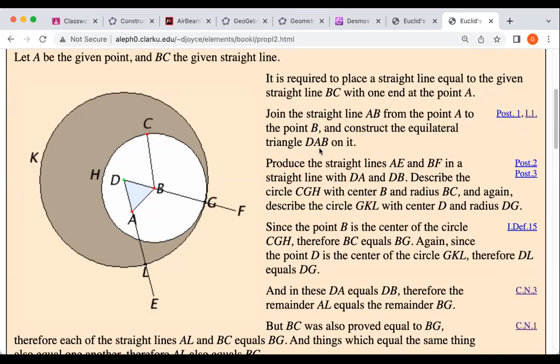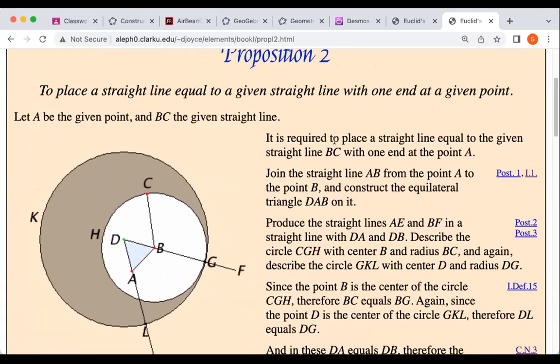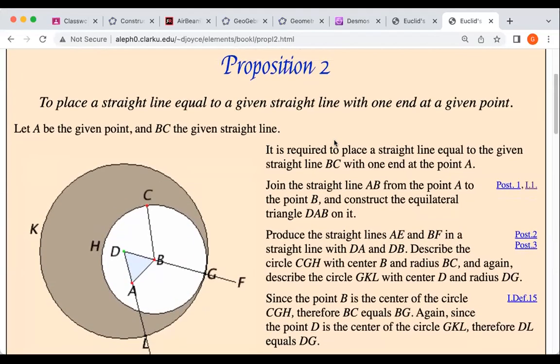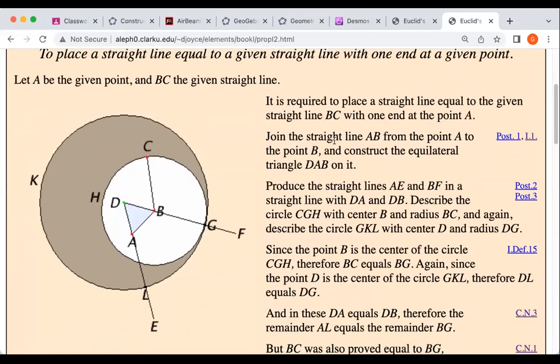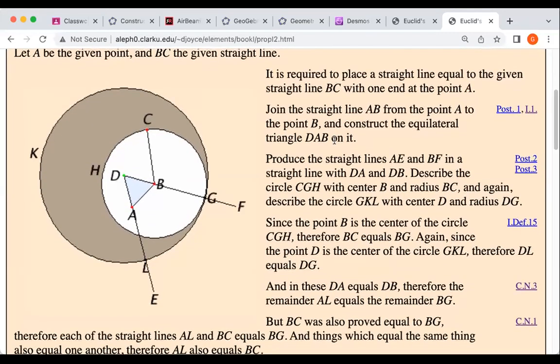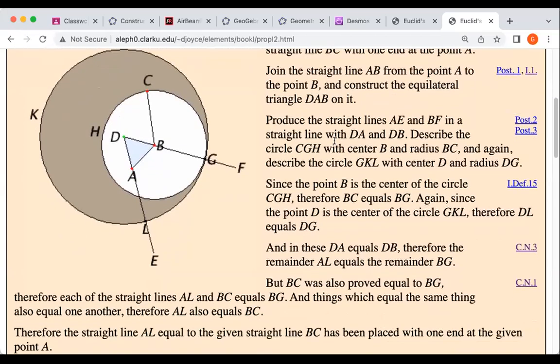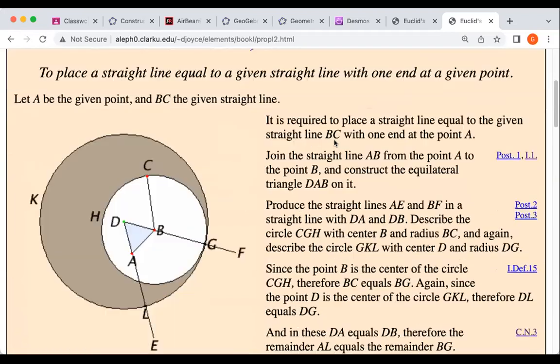Once you prove that you can copy a line segment to another location with a collapsible compass, you are then permitted to use the regular kind of compass from then on. So that's how they get out of the collapsible compass issue, because otherwise it would take like 15 minutes to copy a line segment anytime you needed to.